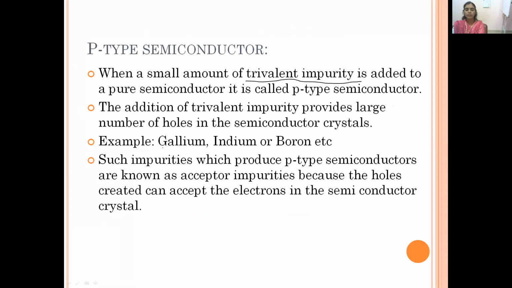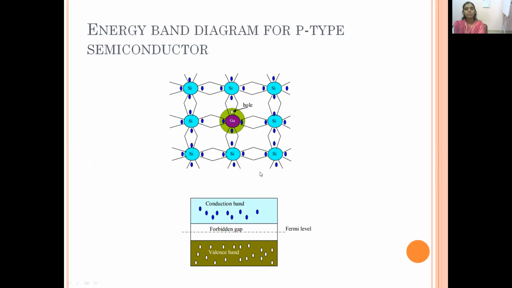For example, gallium, indium, or boron, etc. Such impurities which produce P-type semiconductor are known as acceptor impurities because the holes created can accept electrons in the semiconductor crystal. See the energy band diagram of the P-type semiconductor.